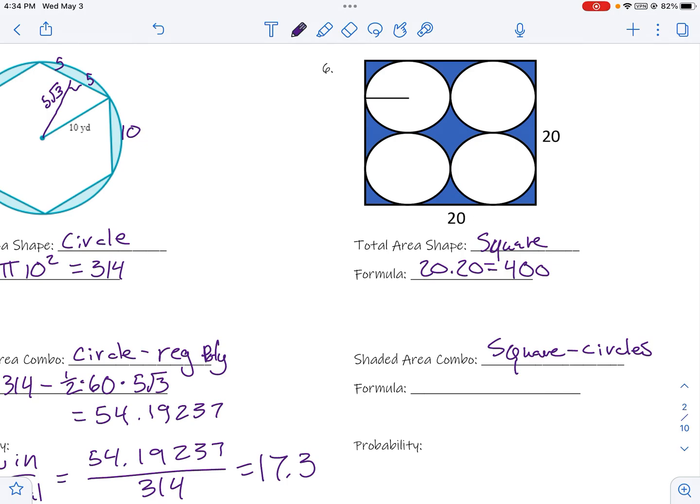Capital S at the end of that because there's multiple. My square was 400. I have 4 circles, so I'll subtract off 4 pi r squareds. I guess I know my radius, huh? Or I have to figure it out. So if the whole way across is 20, that means the diameter would be 10, which means my radius would be 5.